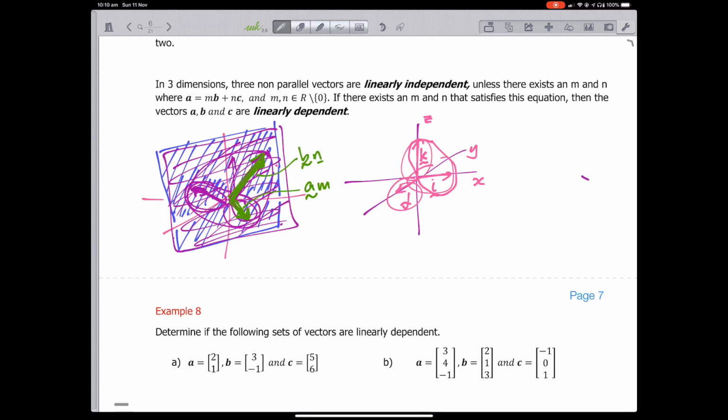Can I add these two things together and somehow make this third vector C? If I can, then they're linearly dependent because they lie on the same plane. If I can't, then they're linearly independent because they don't lie in the same plane.